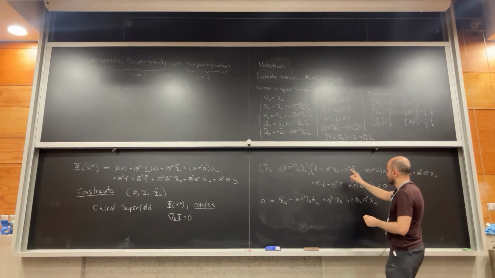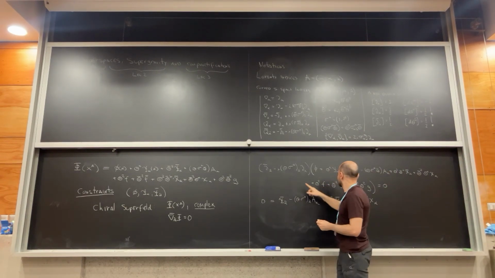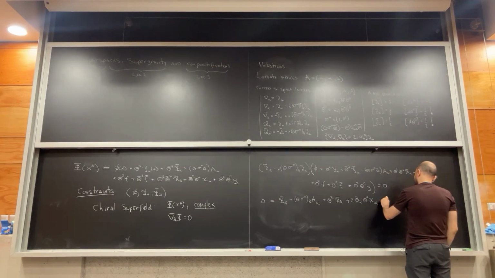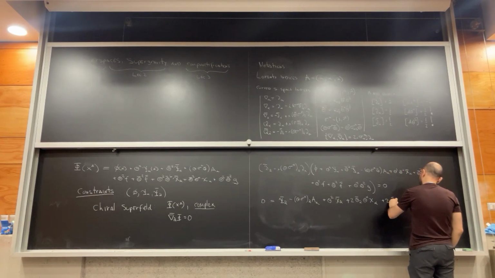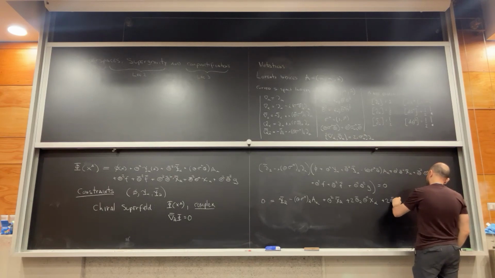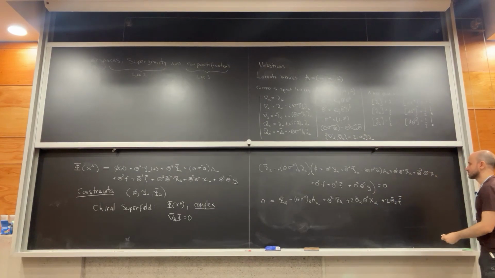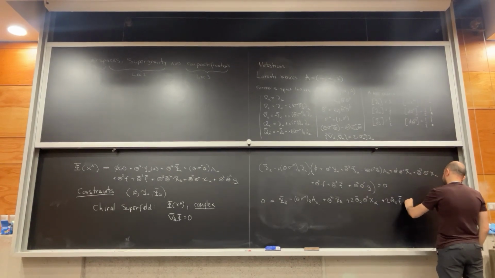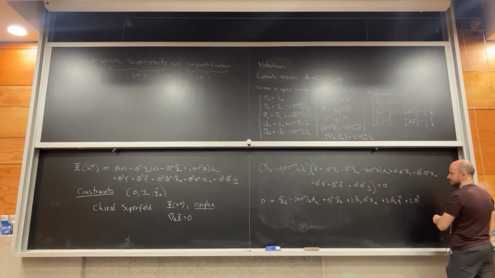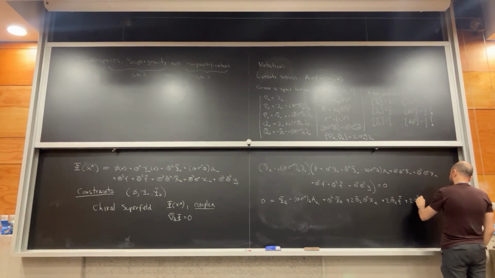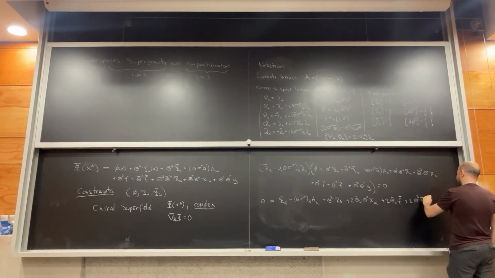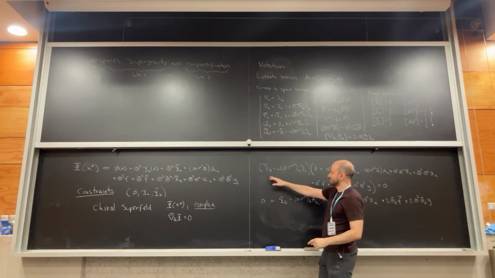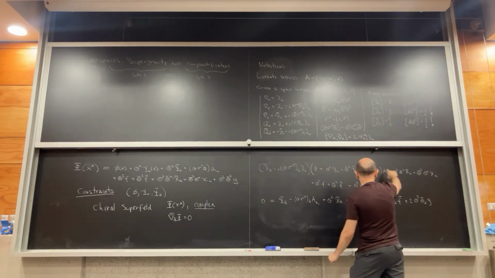No. This one is 0. This one is going to give me 2 again. 2 times alpha bar dot f bar. And then the last one is 2 times theta square theta bar alpha dot g. So now this is just the result of applying this derivative over everything.